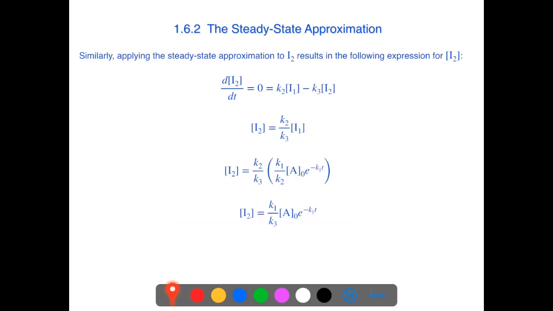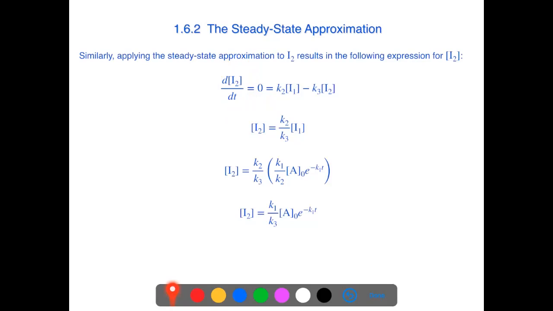Now we can apply the same approximation to any other intermediate in this particular system, and we'll do so for I2 now. So the net rate of change of I2 with time, we're equating that to 0 under the steady state approximation.